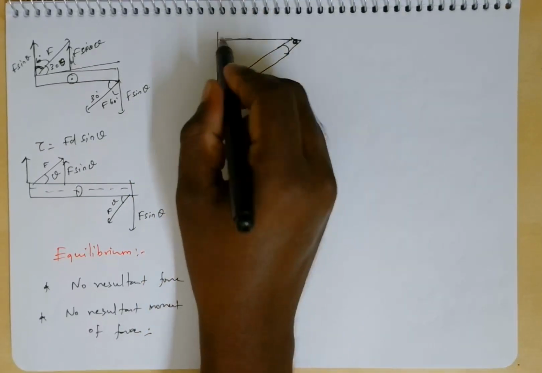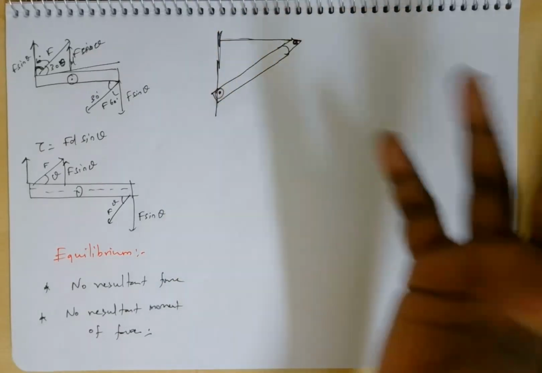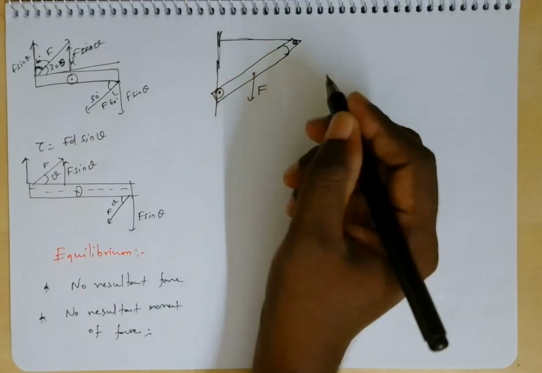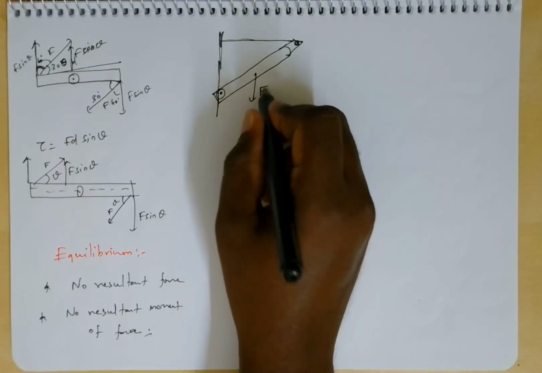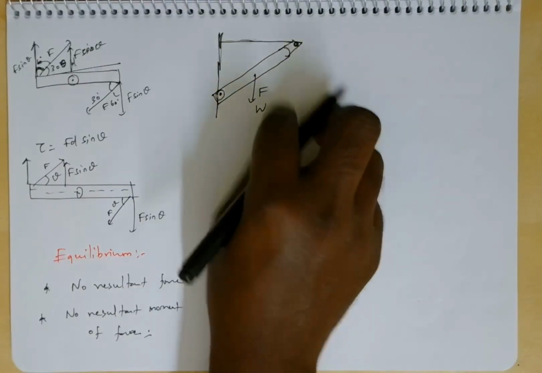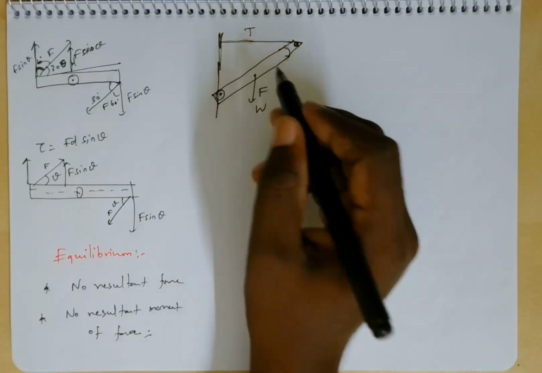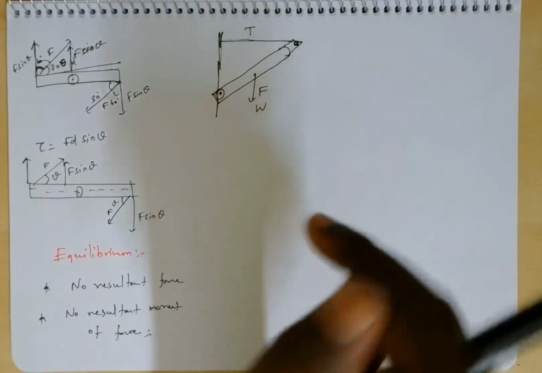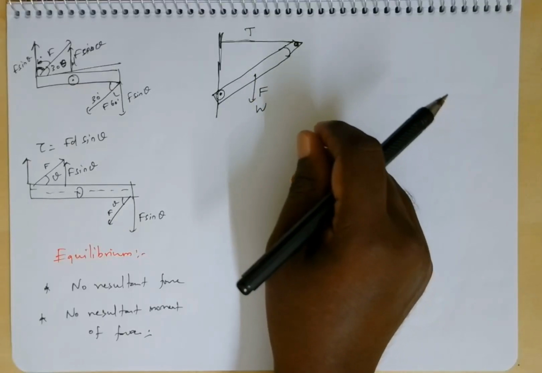But when we tie this rope to the rod, what are the forces involved? One here is F. Sorry, this F is the weight of the rod. Now the tension in the rope. Two forces are involved. Which force is balancing these two forces?